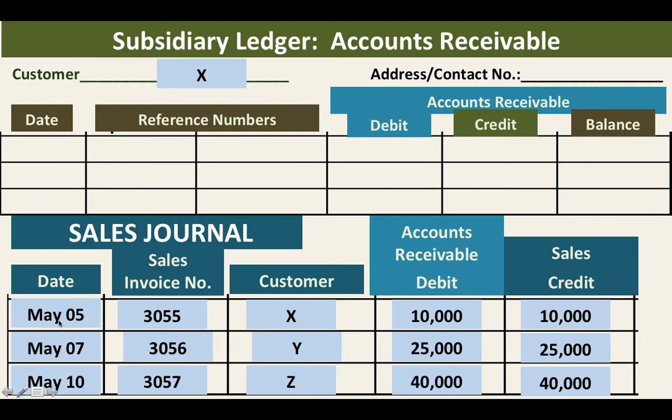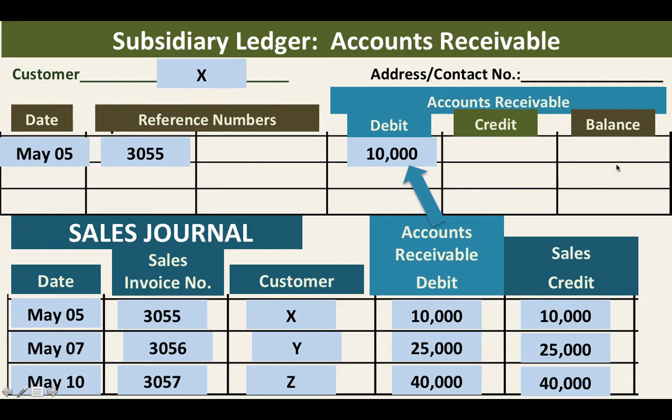So in this case, if we are going to record this transaction of customer X on his subsidiary ledger, we have May 5, then the reference number is 3055, that's the sales invoice. And then there is a debit of 10,000. What we are trying to record here is the accounts receivable part. So there is a debit of 10,000. So yun lang ang i-record. Hindi na natin concern yung sales credit because what we are trying to record here is the accounts receivable.